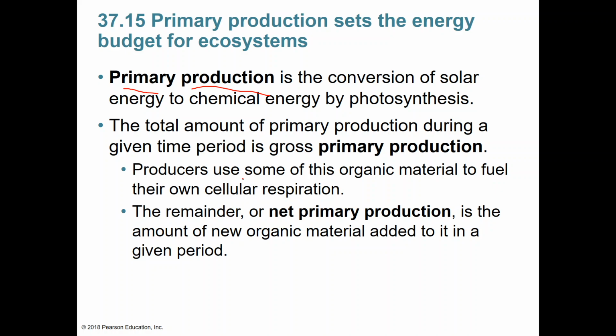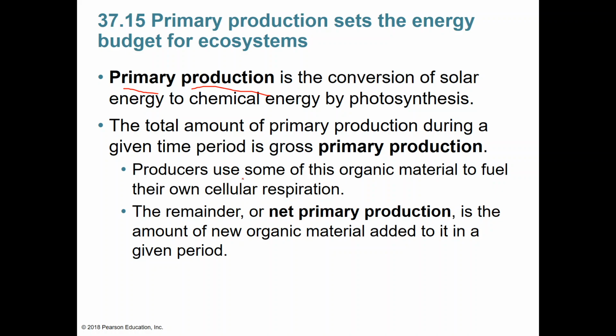Not all of the primary production that the plants undergo through photosynthesis is then available to the organisms that eat those plants. Those producers actually do their own cellular respiration. So they're doing photosynthesis, but they're also undergoing cellular respiration that uses some of the organic material that they are producing.